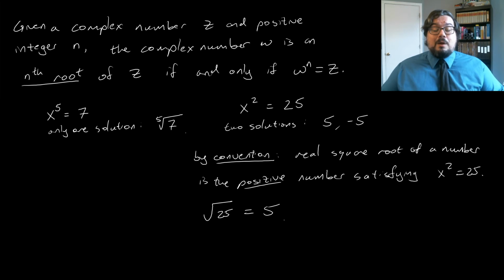So let's see how we can figure this out. It turns out that we're going to be able to describe these roots w in terms of z as long as we write everything down using, again, the trigonometric forms.